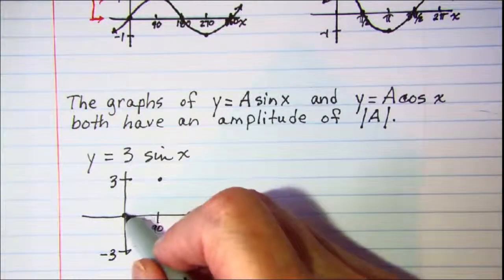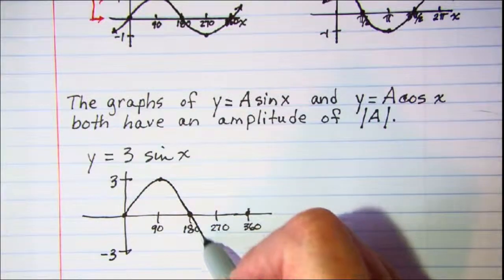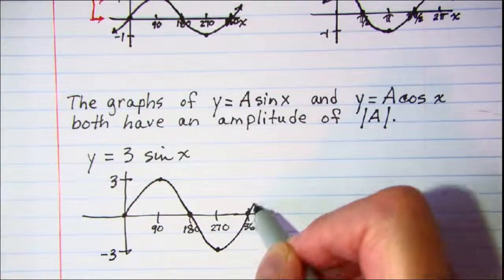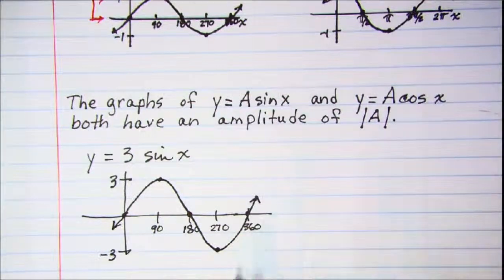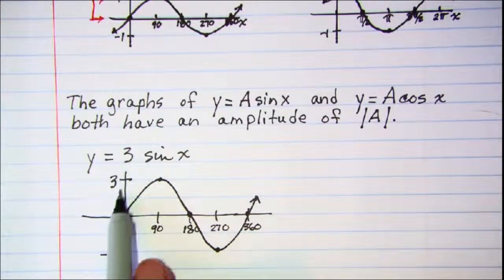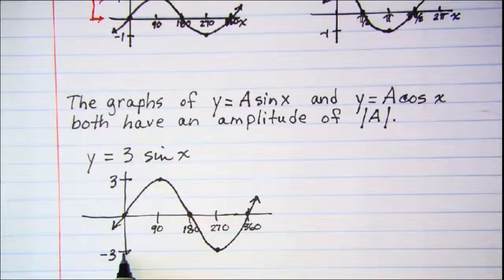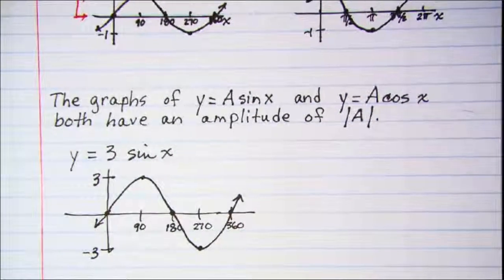So this is one period. And it'll continue left and right, but all I'm showing is one period. The thing to notice here is that this mark is at +3 and this one is at -3. It never goes beyond those.